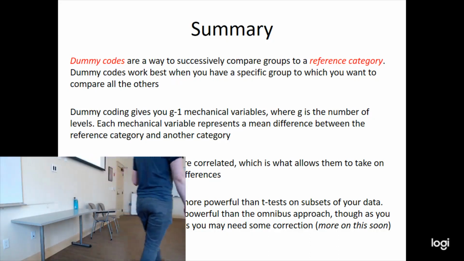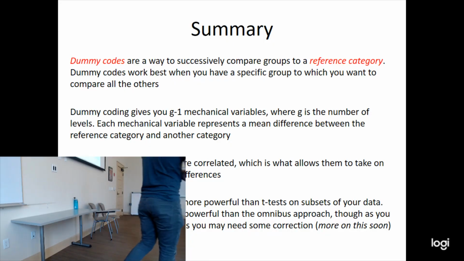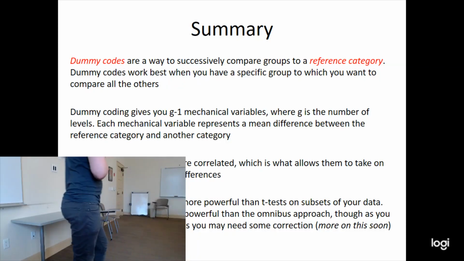In general, if you have multiple groups that can be considered one particular categorical variable, and you're tempted to subset your data to get a specific comparison, I recommend you use dummy coding instead. It'll generally be a more powerful approach.